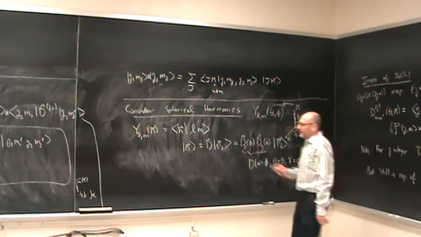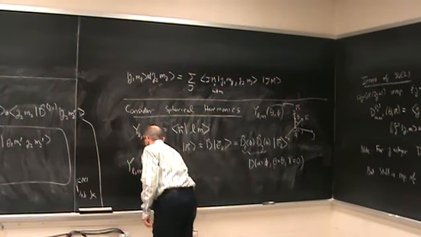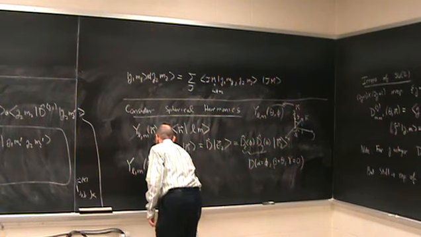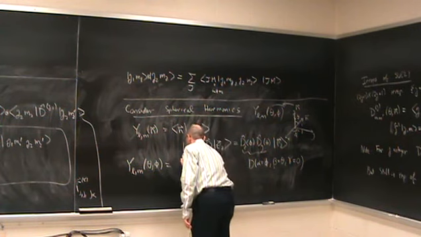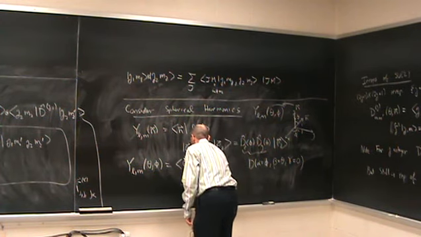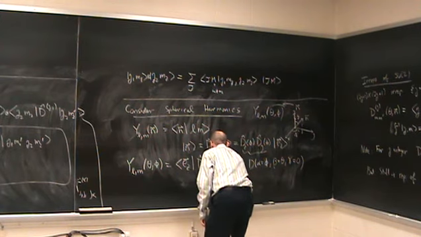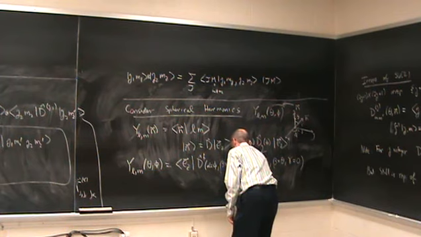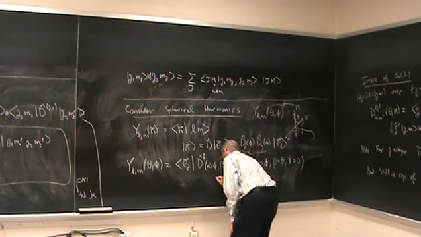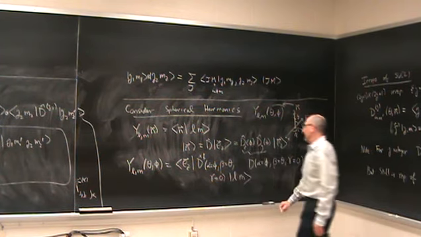So what this tells me is that Y_LM of theta and phi is equal to the rotation D dagger with alpha equals phi, beta equals theta, gamma equals 0, acting on Y_LM.